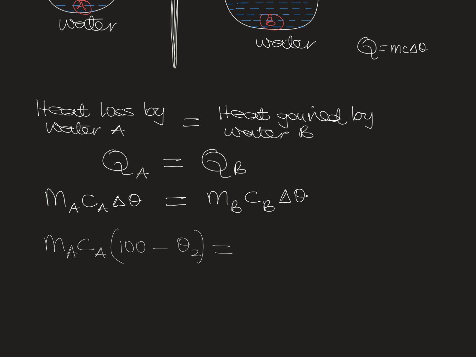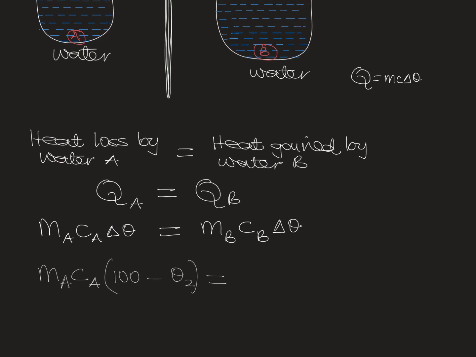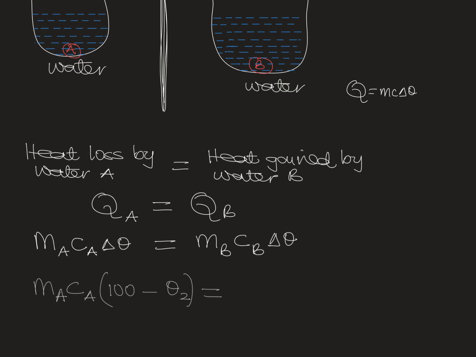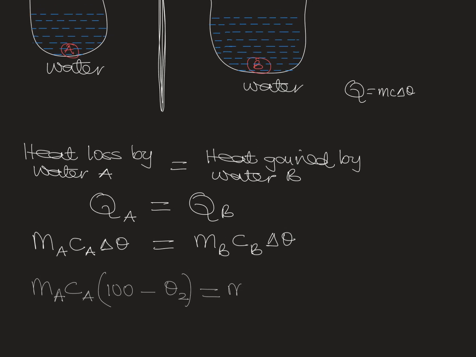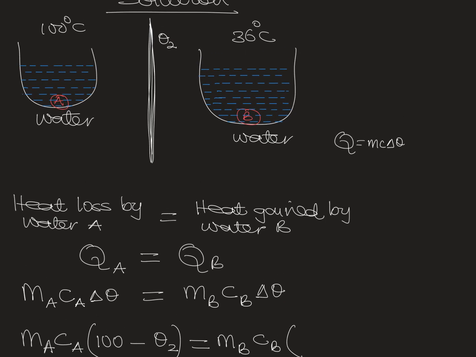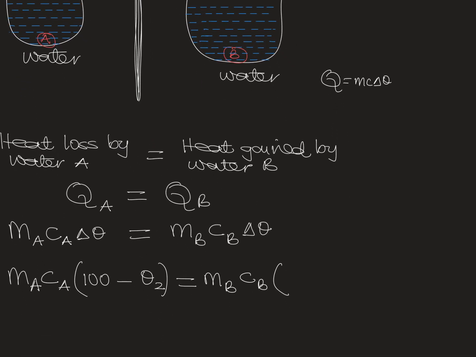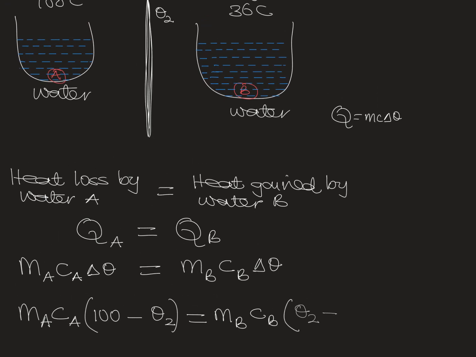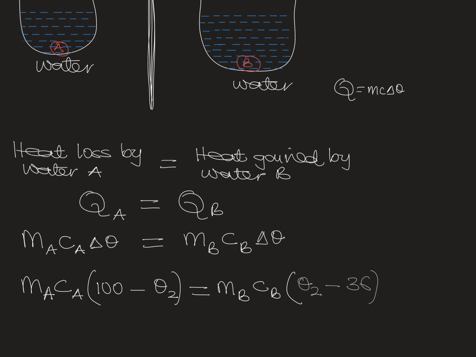So this is equal to, for water B, the mass of water B, the specific heat capacity of water B, times the change in temperature, which will be the final temperature minus the initial temperature. That is theta 2 minus the initial temperature, which is 36.